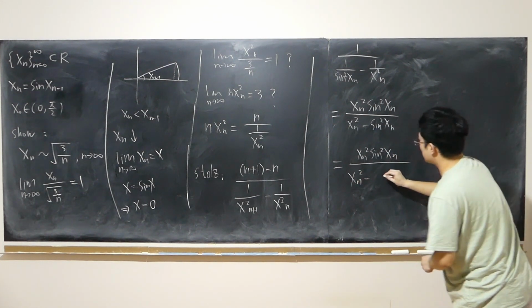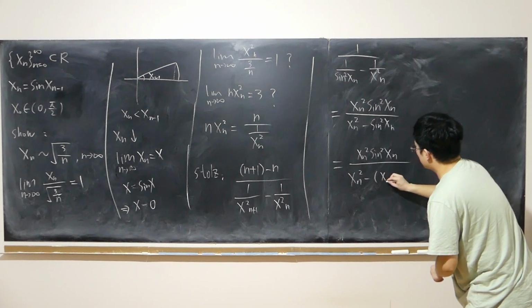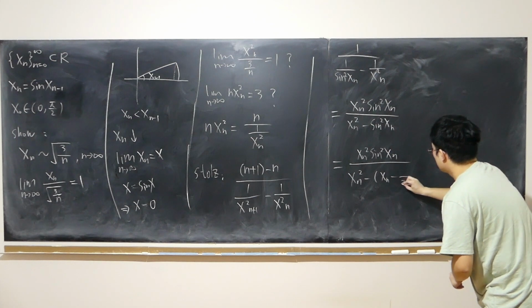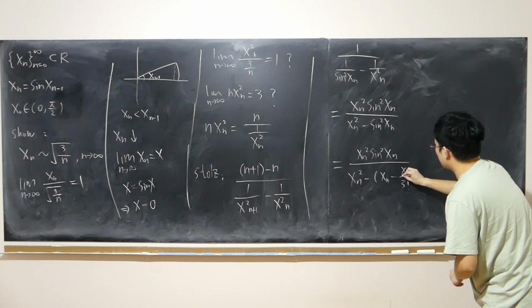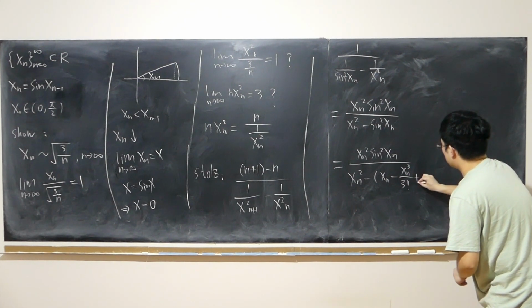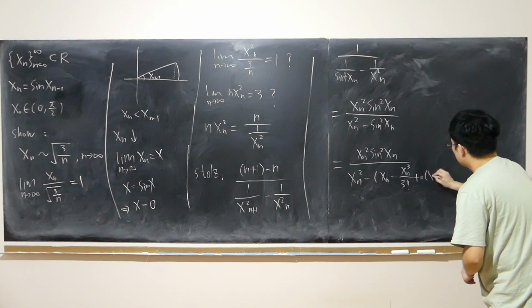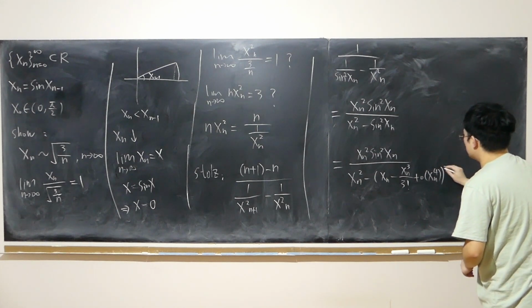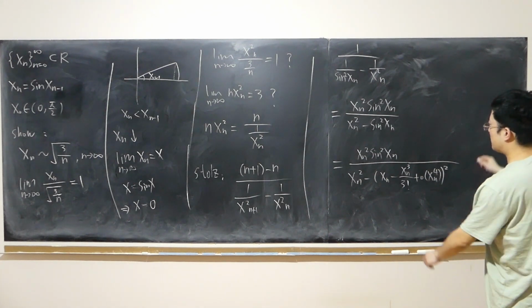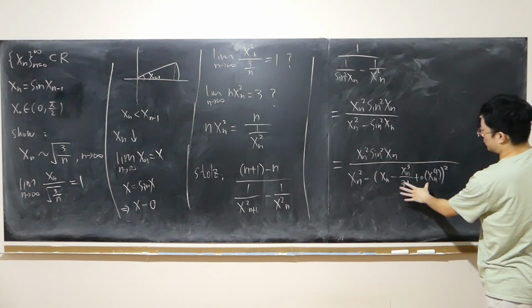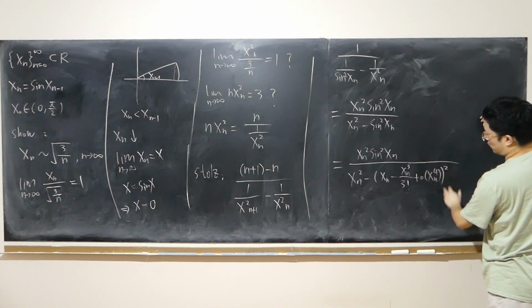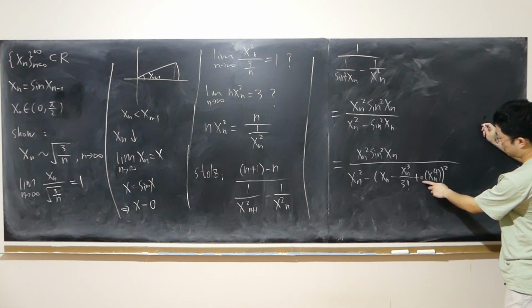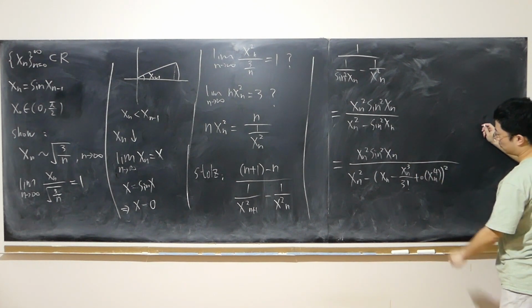Now Taylor expansion: the numerator has xn squared minus the square of xn minus xn cubed over 3 factorial plus little o of xn to the fourth. I've just turned the sine into this, and then outside I have a square. Little o means a sequence approaching 0; it doesn't have to be unique.